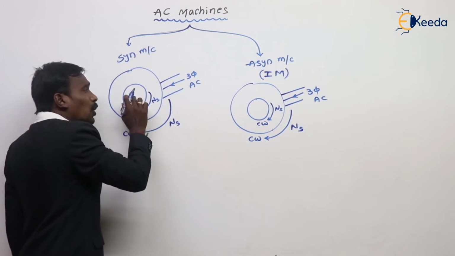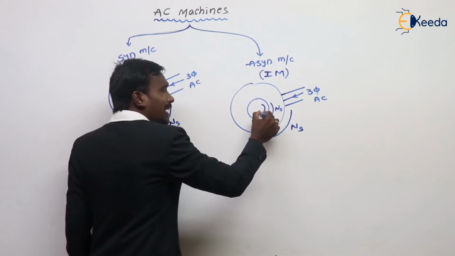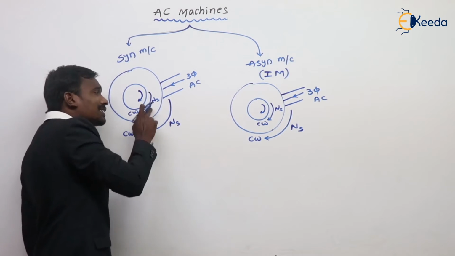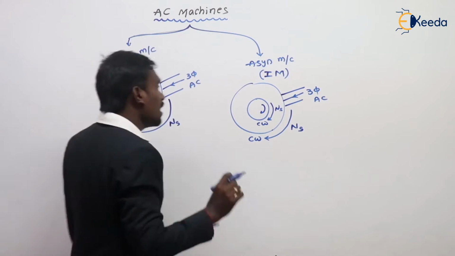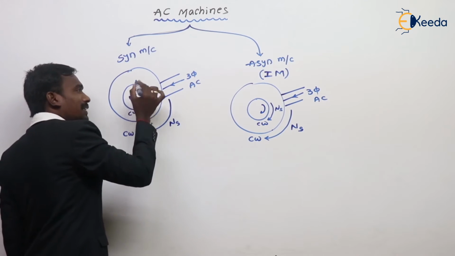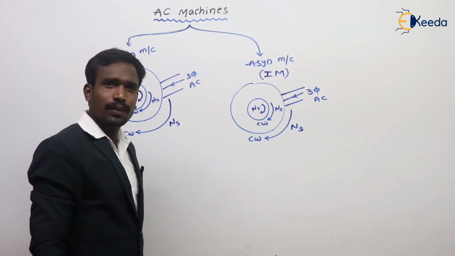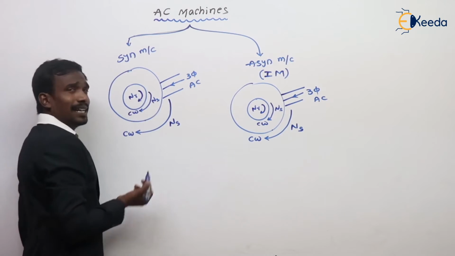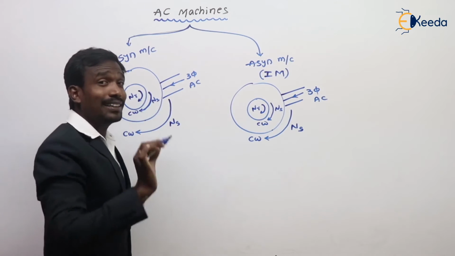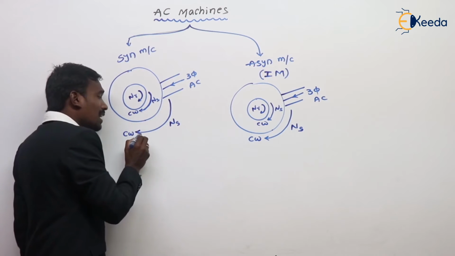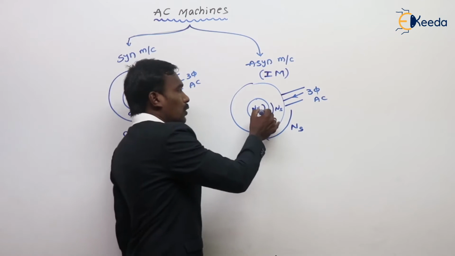If our rotor also rotates with the same speed as this magnetic field, for example, this is my rotor speed NR, and this is the magnetic field speed NS, the stator magnetic field speed.